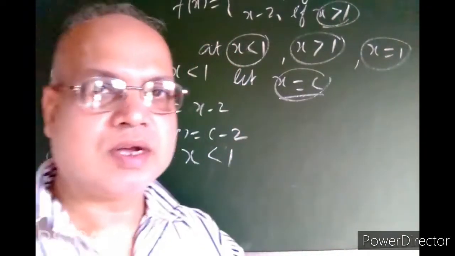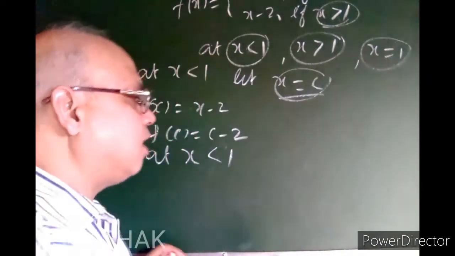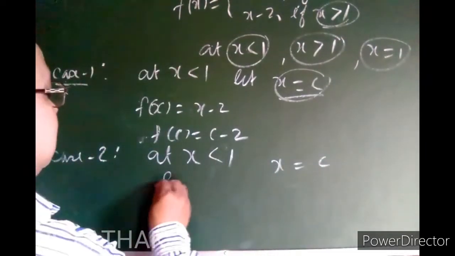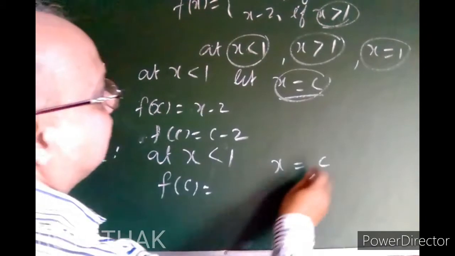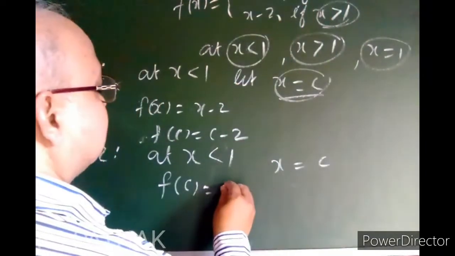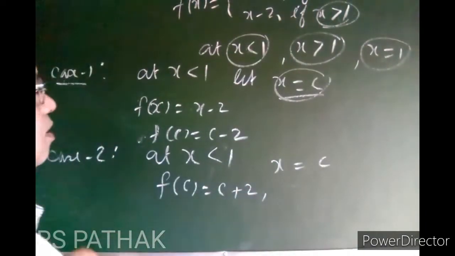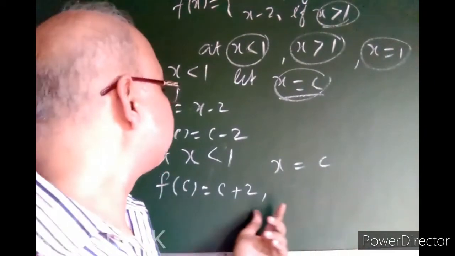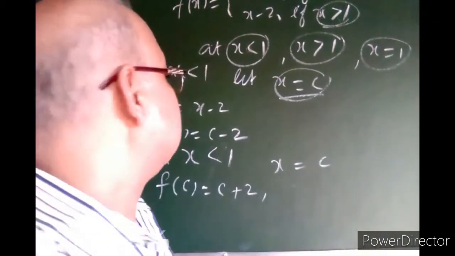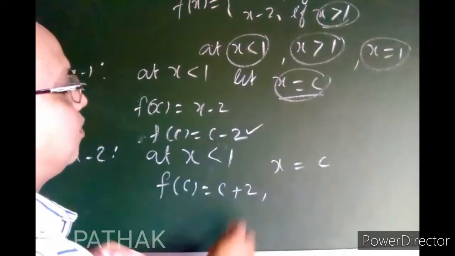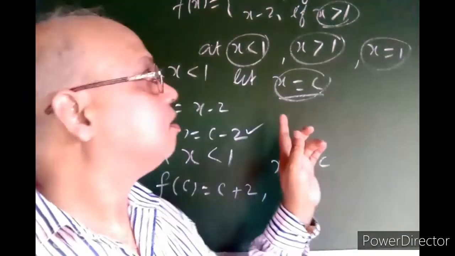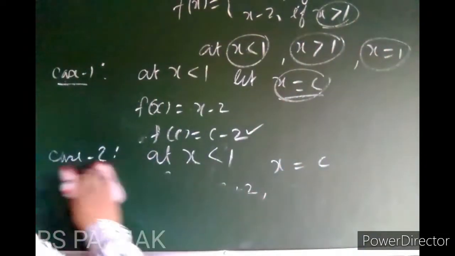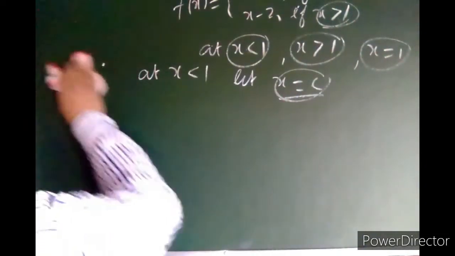For a particular value, I can assume x equal to c. Then f(c), for less than 1, is x plus 2, which means c plus 2. This function is continuous for all the values which are less than 1.